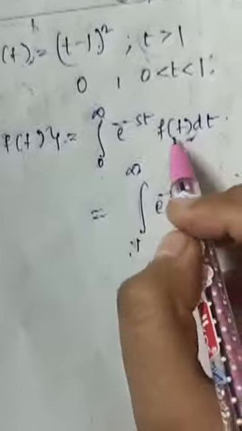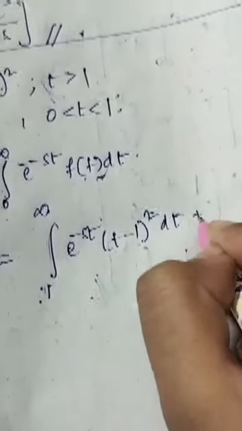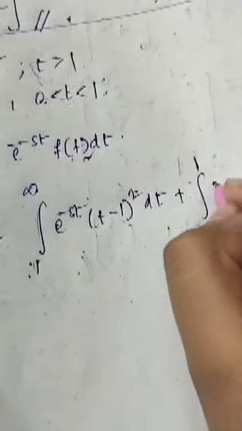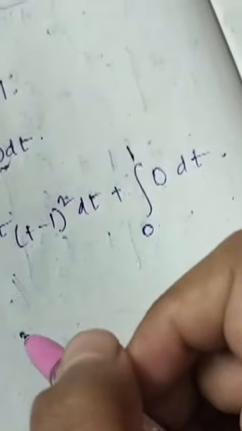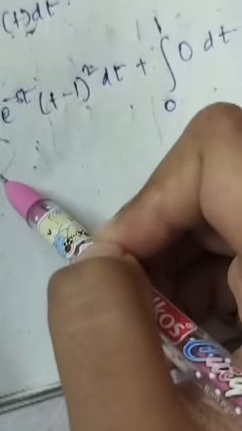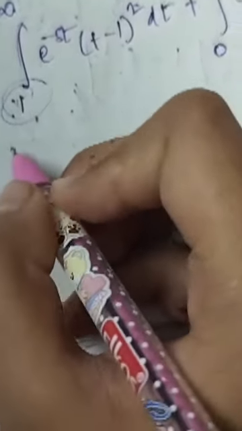So e power minus st, f of t is t minus 1 whole square dt, plus, now the condition they have given is 0 less than t less than 1, that means 0 to 1, 0 dt. Now as I already informed you, we will not be considering the infinity, we will just be considering the lower limit, right? So upper limit I will be taking as 0.